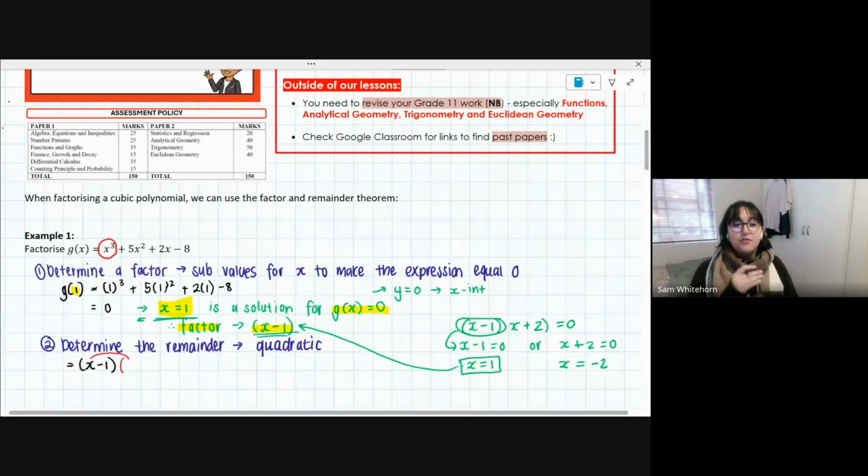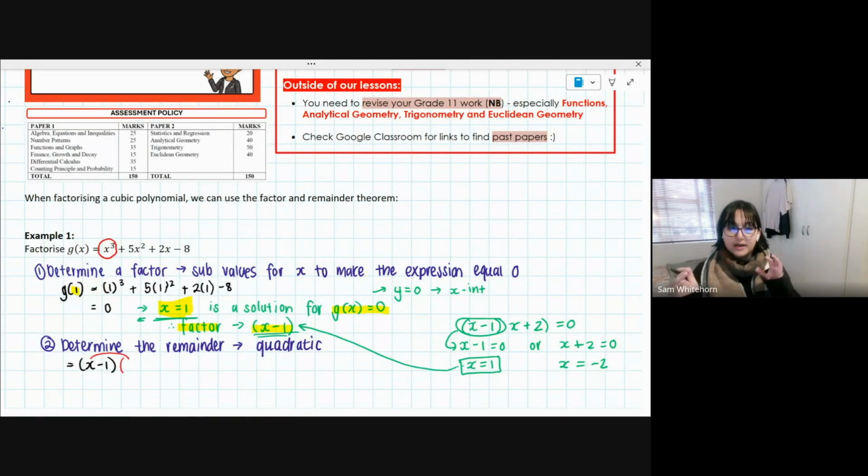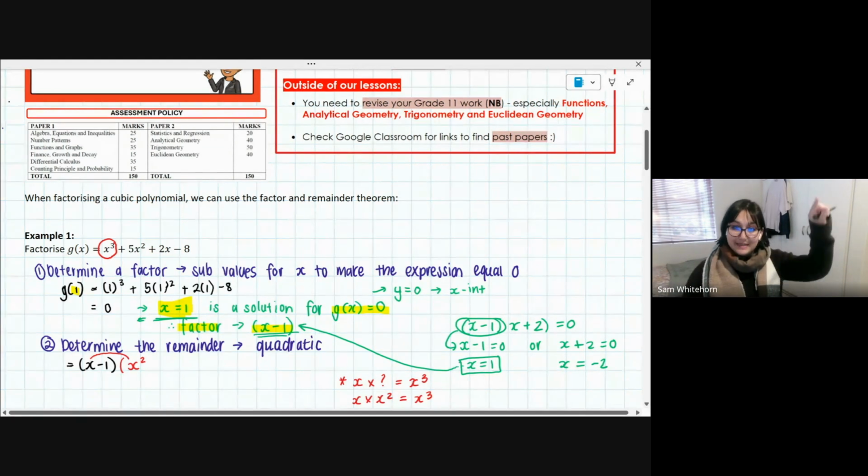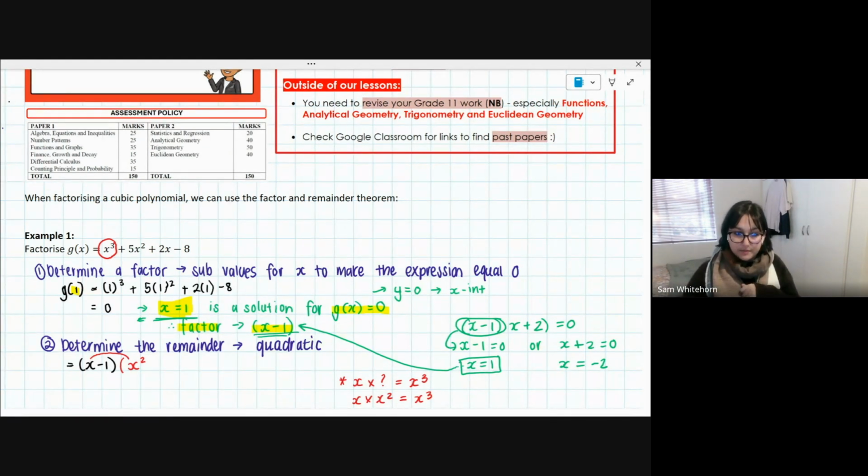Because remember, if you were to distribute all of your brackets, you must end up back at your cubic. So the question we ask ourselves is, x times what gives me x cubed? And we know that it should be x times x squared, because x times x squared gives me x cubed. So the first position in my bracket is going to be x squared, because if I distribute it all out, I need to get back to that x cubed.